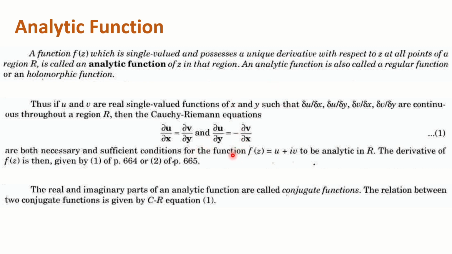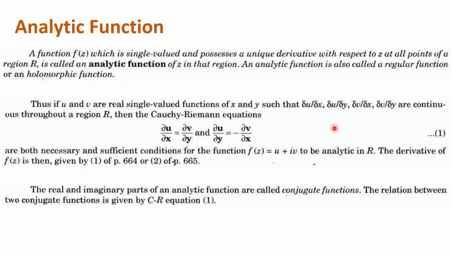What I would do is check whether the Cauchy-Riemann equations are satisfied, and also check whether the partial derivatives of the real and imaginary parts of the complex function are continuous. Here u and v are the real and the imaginary parts of a complex function, and these two conditions, the partial derivatives and the Cauchy-Riemann equations, are sufficient and necessary conditions for a function to be analytic.